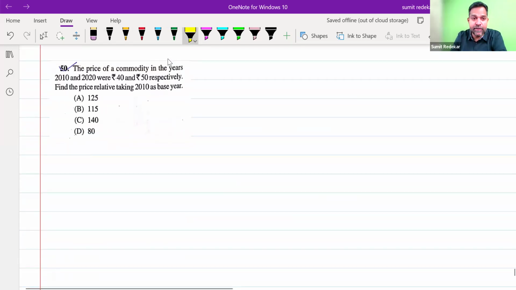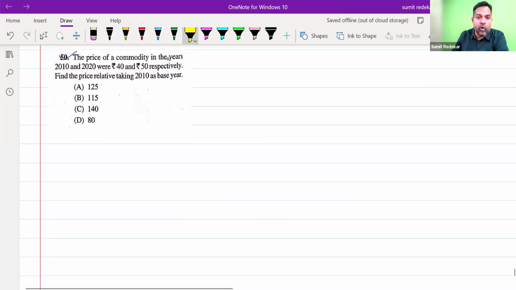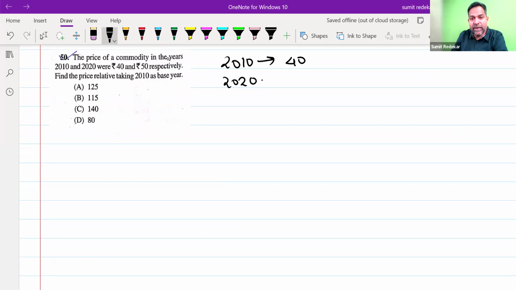Question number 50. The prices of a commodity in the years 2010 and 2020 are 40 and 50. In 2010, the commodity was 40. In 2020, the commodity was 50. What is the price relative taking 2010 as the base?